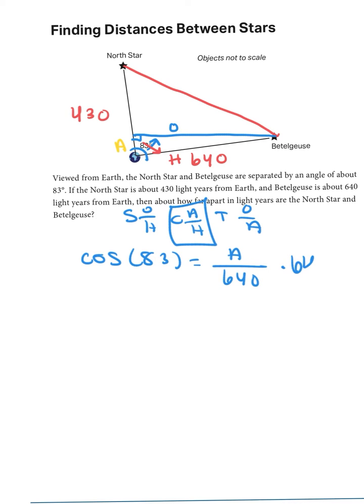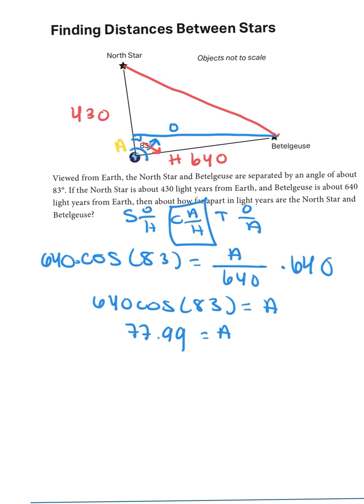All we're doing is solving for A, so multiply by 640 on both sides, and I get that 640 cosine 83 is equal to A. So A is equal to 77.99 whenever you type this in the calculator. So this right here is 77.99.